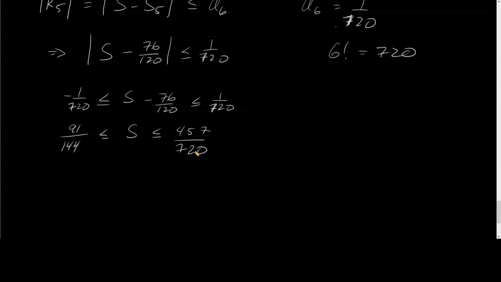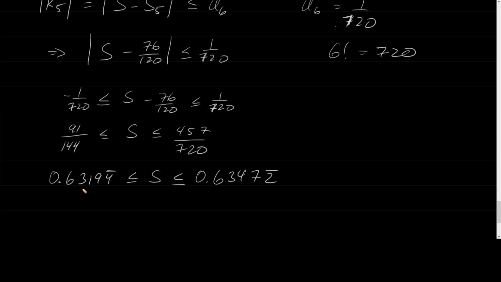So what do we find here? Well, 91 over 144 is 0.63194 with 4 repeating. And then 457 over 720 is 0.63472 with 2 repeating. So in here, what did we actually find?